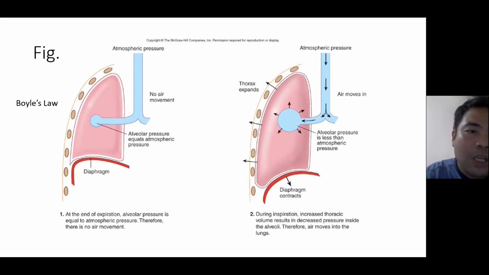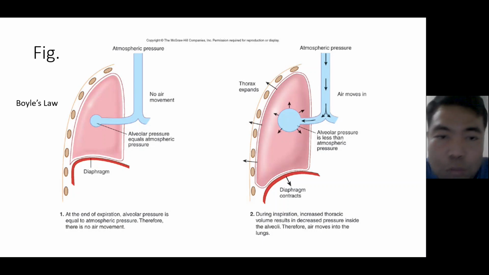So therefore, in simple terms, when we simplify Boyle's law, pressure is inversely proportional to volume or vice versa. Volume is inversely proportional to pressure. Ulitin natin.